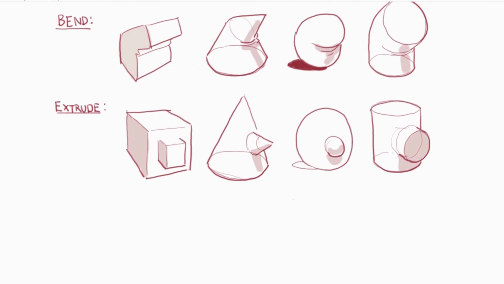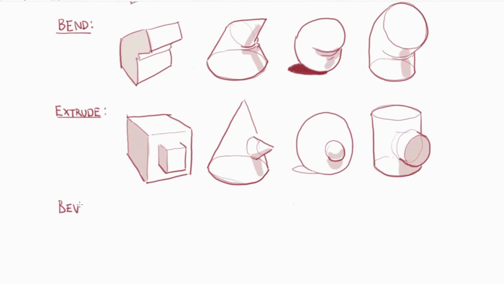The final modification that I'll cover today is beveling, which is essentially taking one edge and converting it into 2.